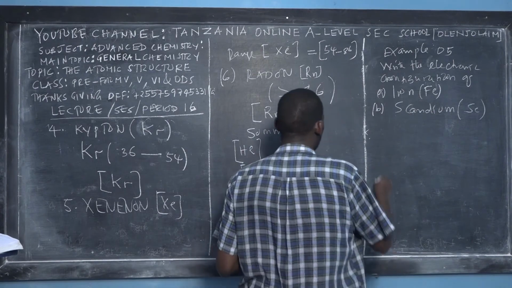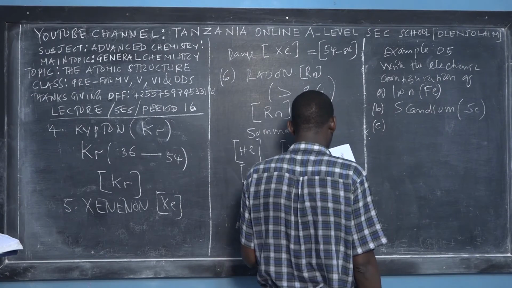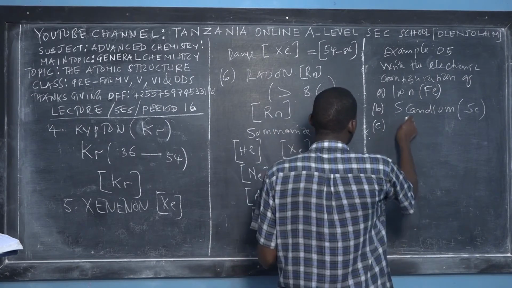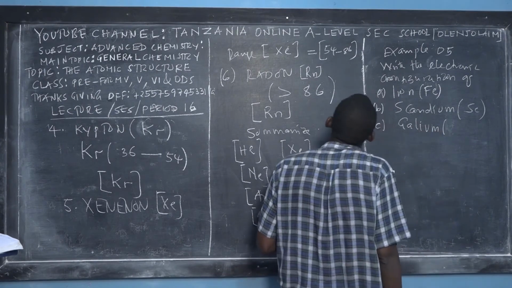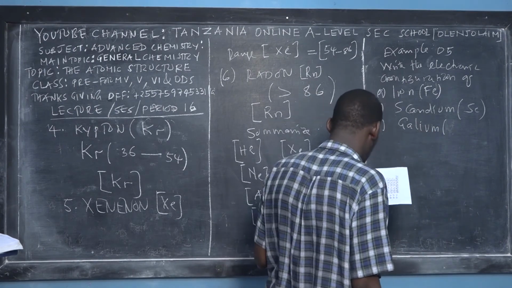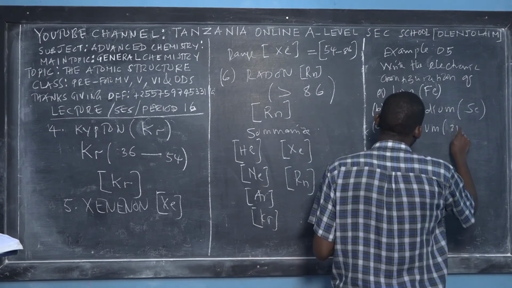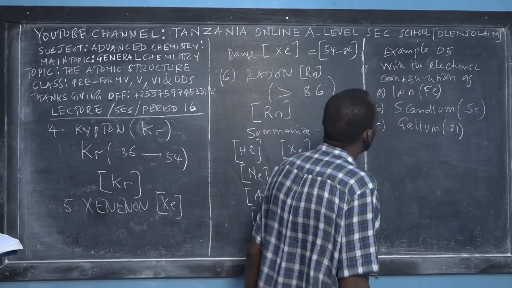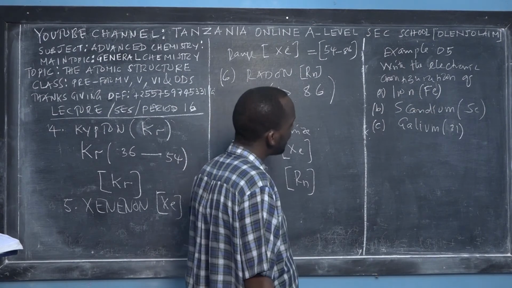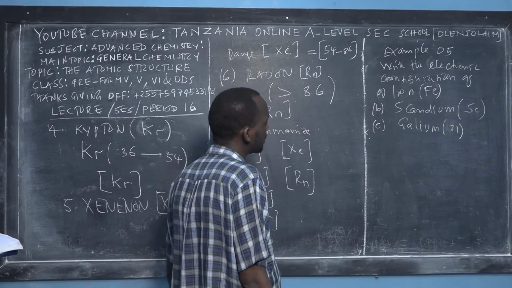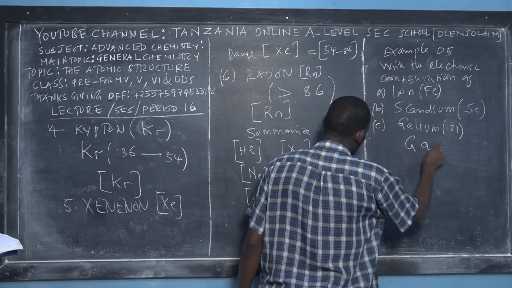Then one more to show is gallium. This is 31. So write electronic configurations of iron, scandium, and what? Gallium.